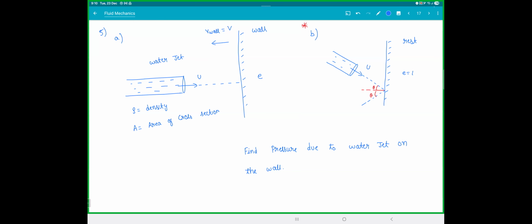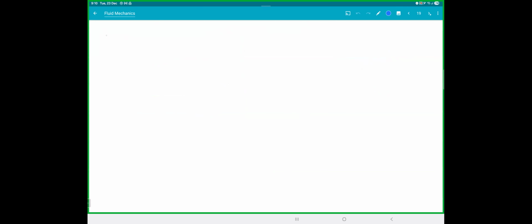Let's see. So this guy is hitting at an angle and bouncing off. We saw this in oblique collision. So only the horizontal component changes. The vertical component is unaffected. So this is going with speed u.